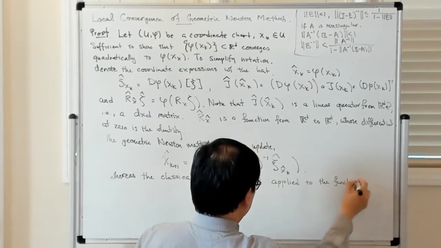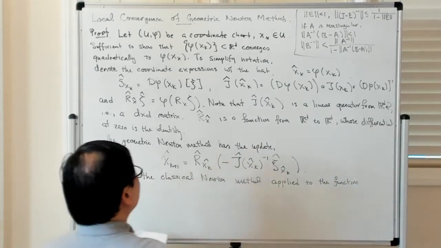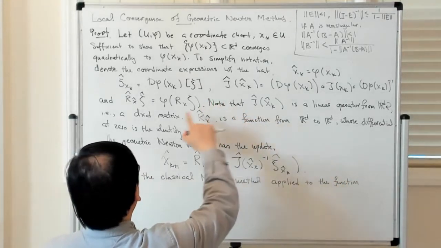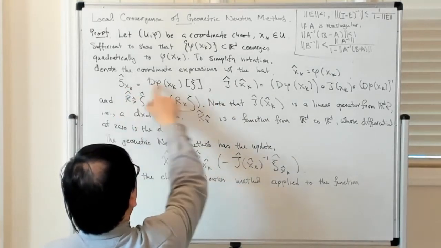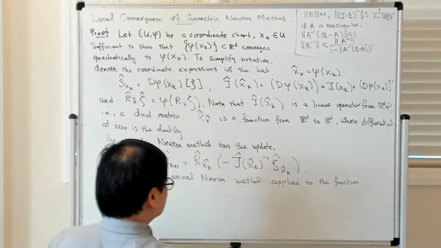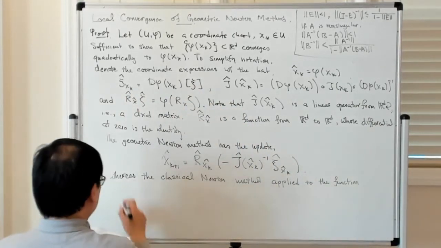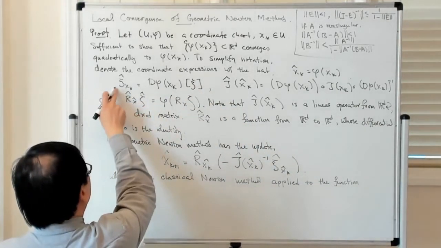Why can I apply this classical Newton method? Because we have this local coordinate expression for the vector field, and we could try applying the classical Newton method to that instead.